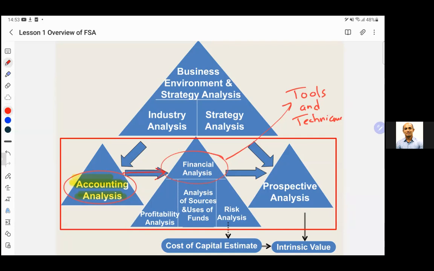But on top of that, you should know about the business environment, about the company, the company's strategies, and the industry within which the company operates.